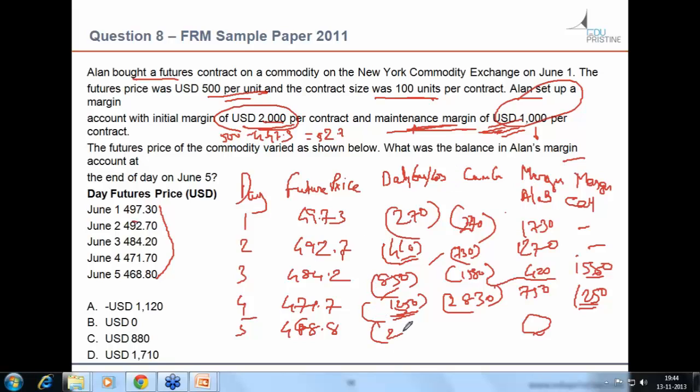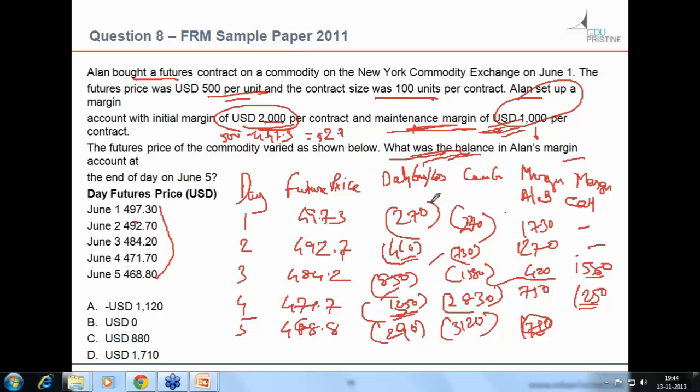What happens is, next day he sees that there is another loss from the price, so he gets a loss of $290 for the day. Okay, the cumulative losses have now been 3120. Okay, so his margin account balance is 1710. That's the answer we wanted. This can be quickly calculated.